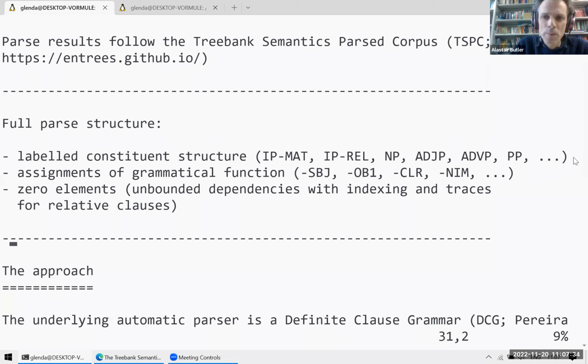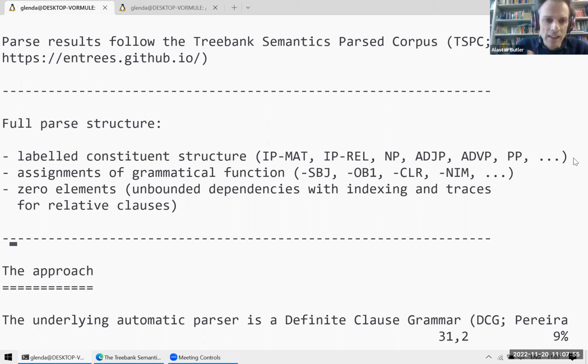Most parsers are able to produce this kind of skeleton structure, but parsers that give you more information are much rarer. And I do want more information because I want to inform my students about interesting analysis.